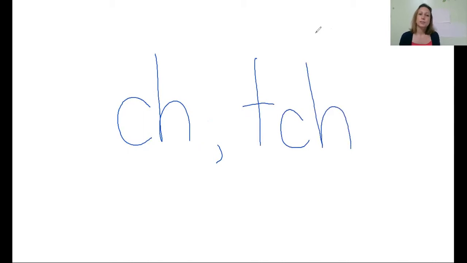Both of those say ch, and TCH comes right after a short vowel. Next, one way to write the blend in snap. And what did you write? SN says sn, as in snap.